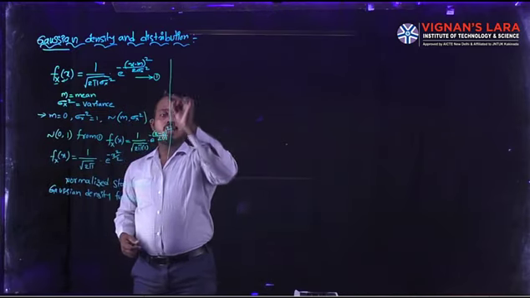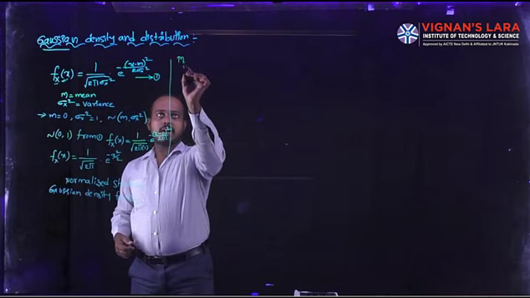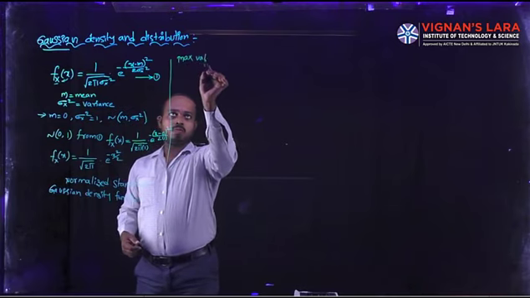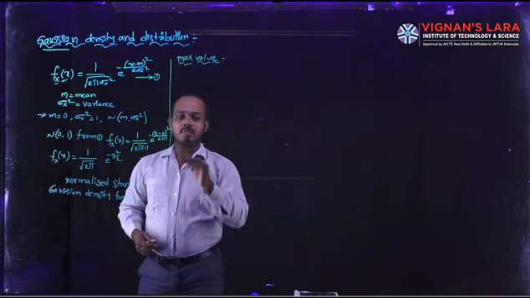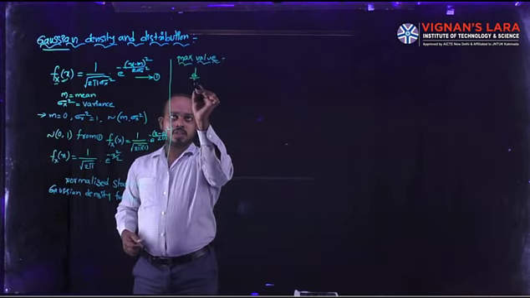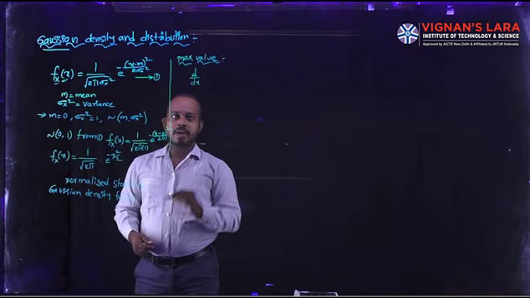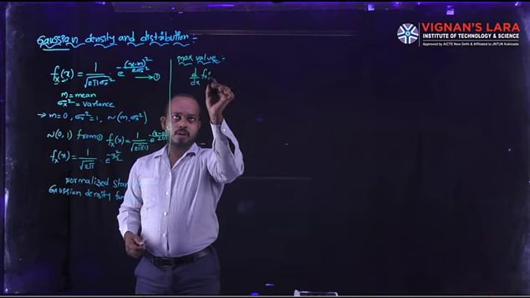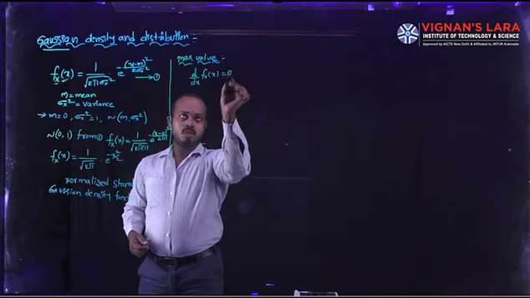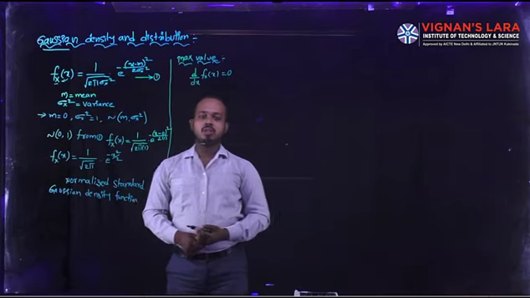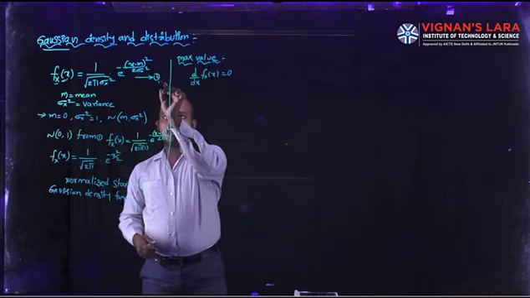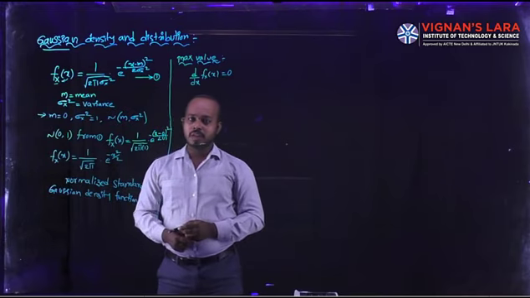For the maximum value of the density function, I am differentiating this density function: d by dx of f x of x is equal to 0. What is the density function we have? The Gaussian density function, already written in equation 1.